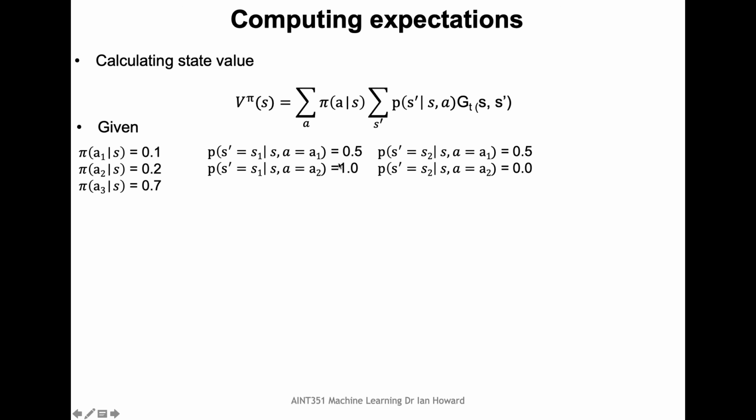Take action A2, we end up in state S1 with probability 1 and state S2 with 0. And if we're in state S and we take action A3, then we end up in state S1 with probability 0 and state S2 with probability 1.